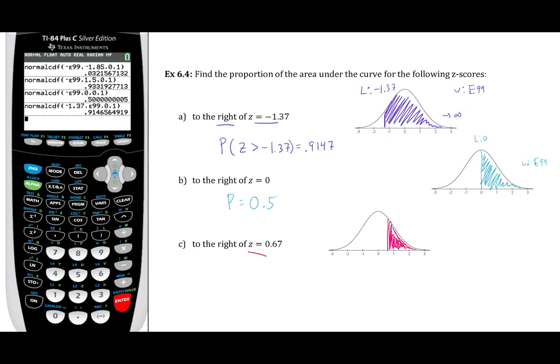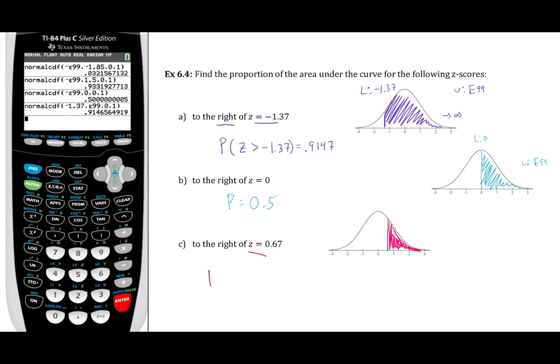What I noticed here is that the picture for 6.4a should be more than half the graph. The area for 6.4b is exactly equal to half the graph. And the area for example 6.4c should be less than half the graph.